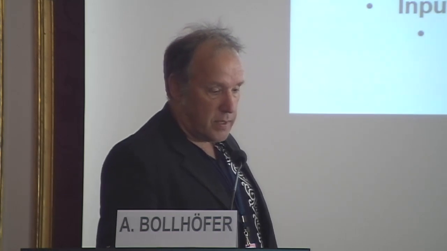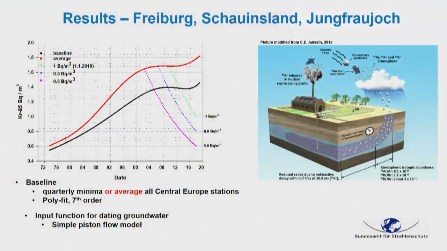If we assume a simple piston flow model, which basically means that what comes in from the top is then transported along the groundwater body without any losses, we can determine ages of groundwater sampled at particular wells.